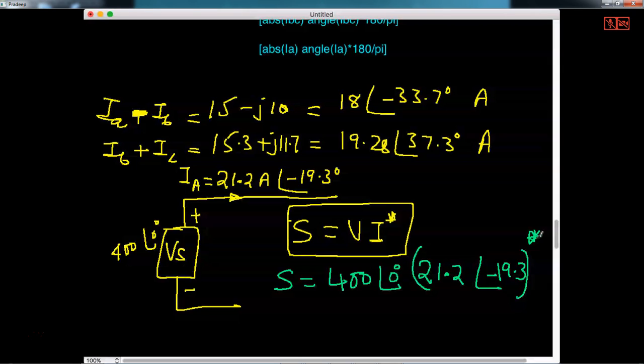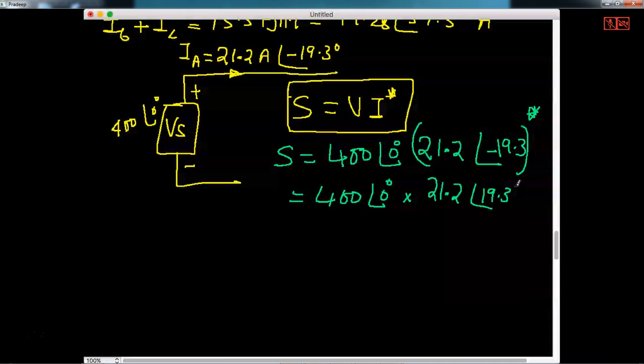So this is nothing but 400 into 21.2. It's just a simple calculation, 400 into 21.2, so I'll get 8480 at an angle of 19.3 volt amperes.